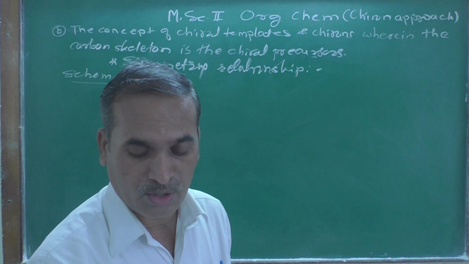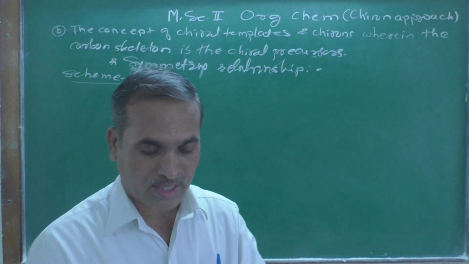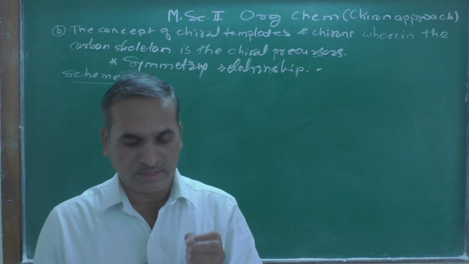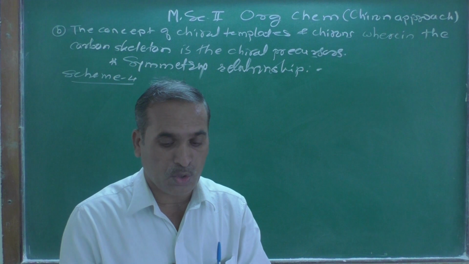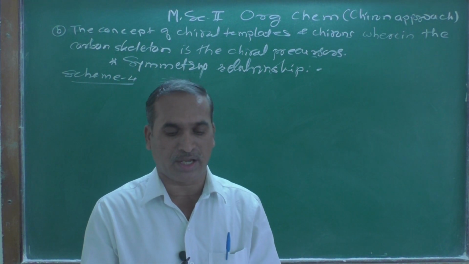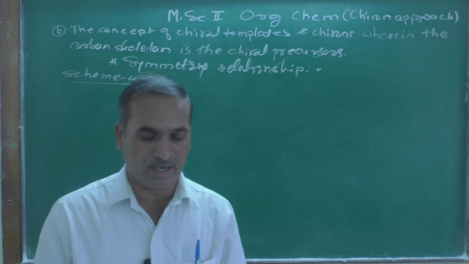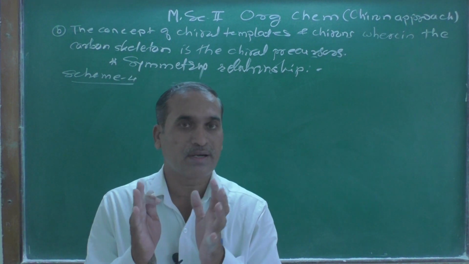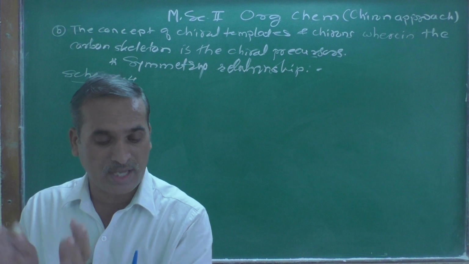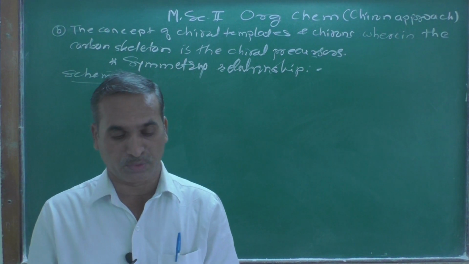How this Chiron, and as we know, Chiron means what? These are retrosynthetically generated by minimum deviation of chiral center in the target molecule, that is known as a Chiron. That approach we are going to learn.